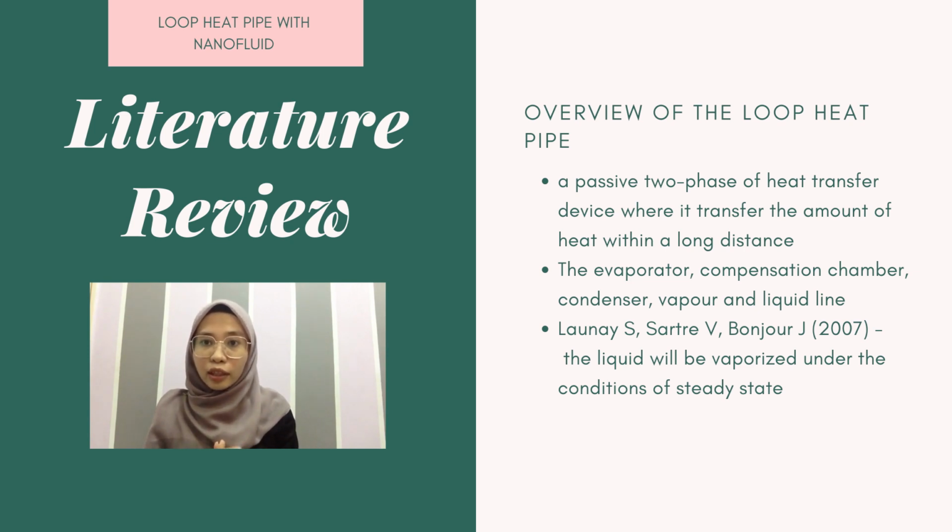So the evaporator, compensation chamber, condenser, vapor and liquid line are the common component parts of the loop heat pipe. Based on the previous study, the liquid will be vaporized under the condition of steady state. The type of the working fluid, the fluid charge ratio, thermal properties, and the design of the loop heat pipe can affect the thermal resistance and the capability of maximum heat transfer in the loop heat pipe.